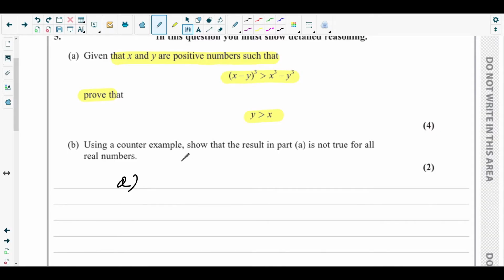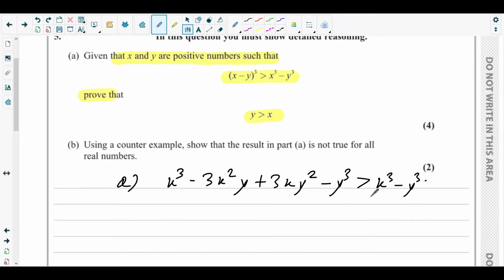To simplify it, we will expand the bracket, that is, we will expand the cube. If you do so, you will get a cube minus 3a squared b plus 3ab squared minus b cube, which is greater than x cube minus y cube.